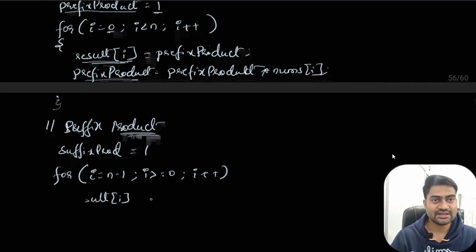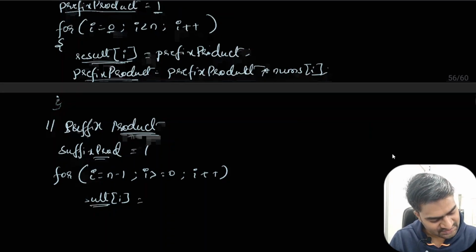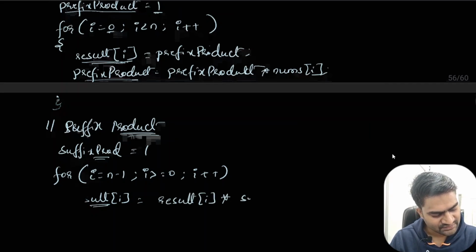At the n minus 1 place already our prefix product will be there in the result array. To that I will simply multiply my suffix product. So result of i multiplied with suffix product.